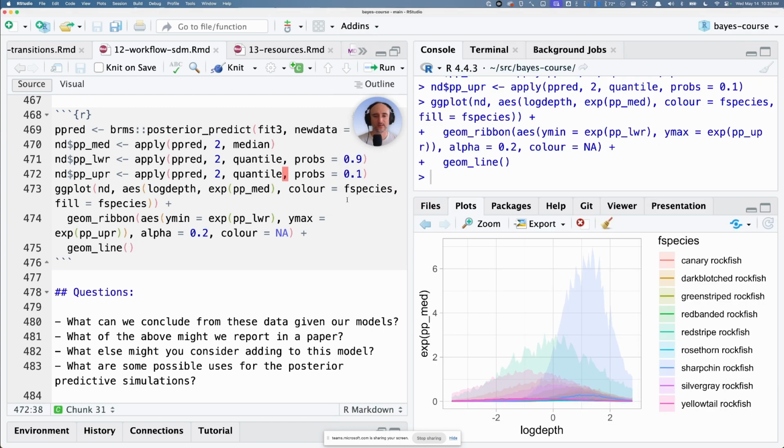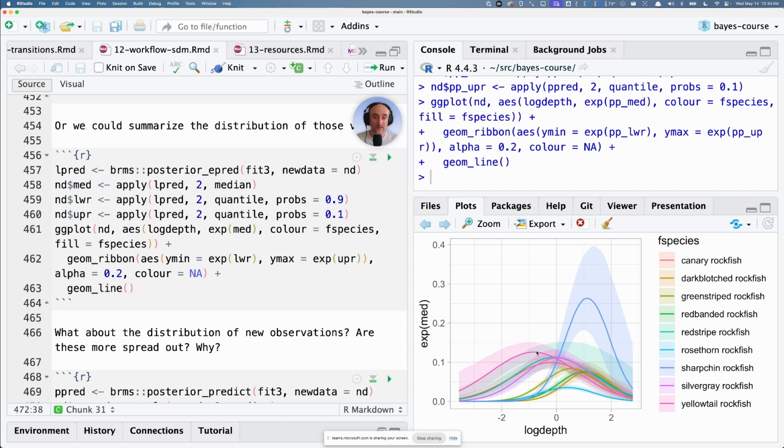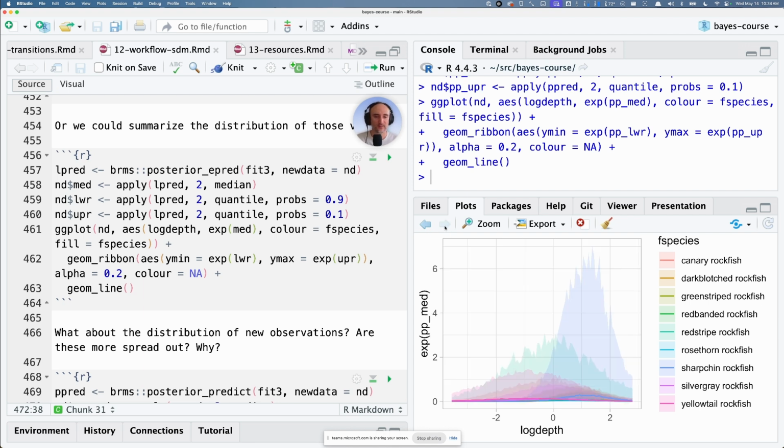If I wanted to convey the different depth relationships with different species, showing a plot like this really emphasizes the different level of observation error. And maybe if that's of interest, then that's what I would show. But if my interest was in the different relationships with depth, this shows that a lot better, because in this case, the magnitude of observation error just dwarfs the shape that I'm interested in. So that's how I might make that decision.